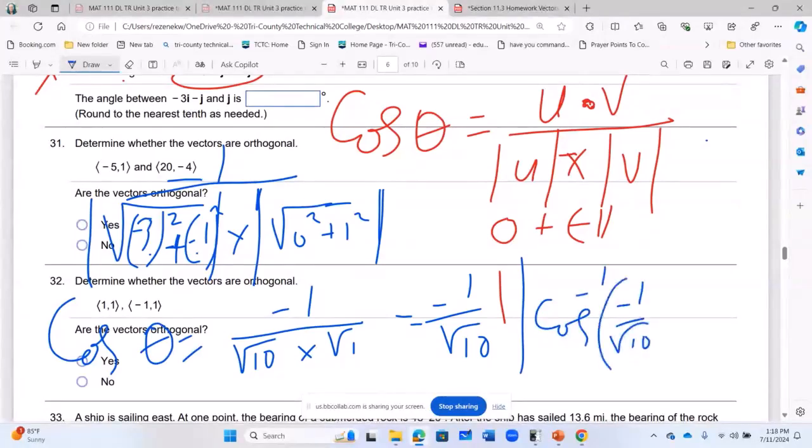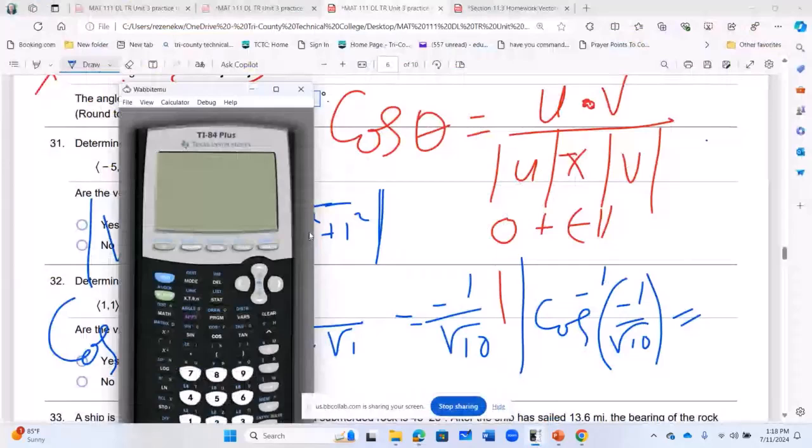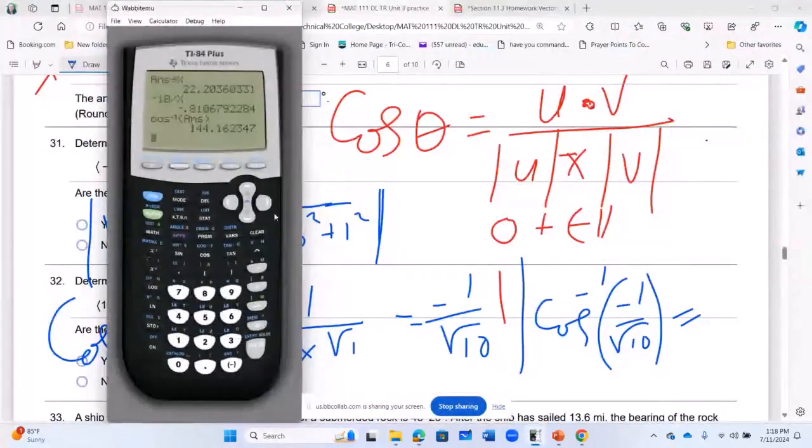So let's find out using our calculator. Cosine inverse of -1 divided by square root of 10, and then I close the outer parenthesis, and I want to find the angle.